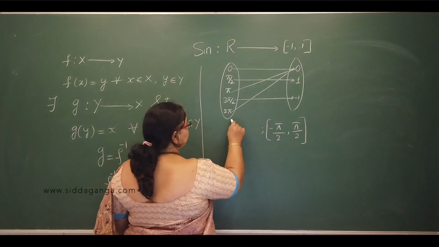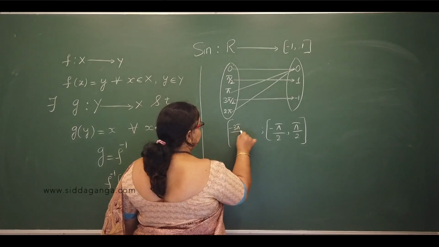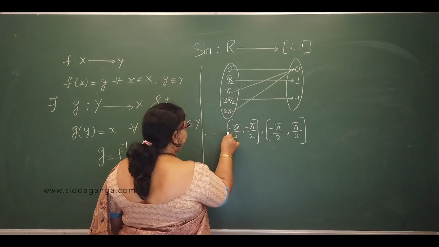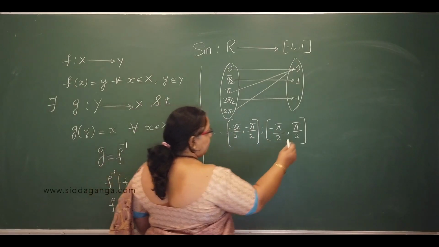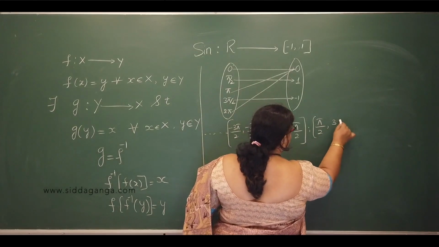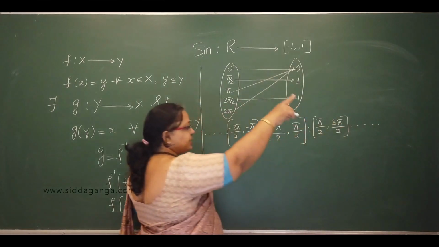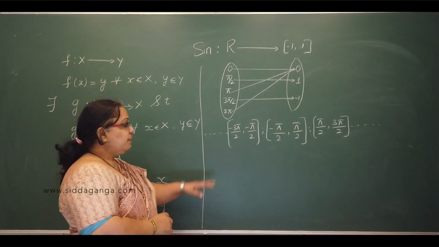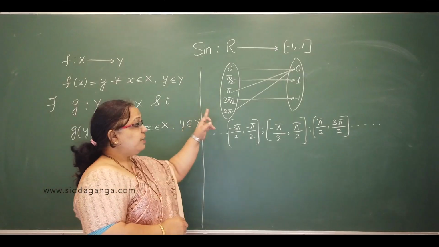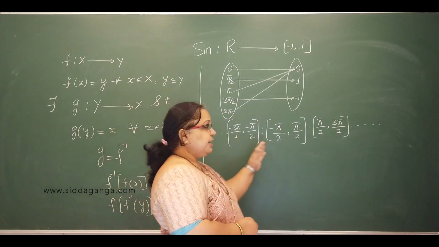Taking the previous interval, it is minus 3 pi by 2 comma minus pi by 2. Next, there are other intervals before it as well. Taking the next interval, it becomes pi by 2 comma 3 pi by 2 and so on. More intervals can be written; here I have written only three. So the domain of the sine function should be restricted to these intervals.